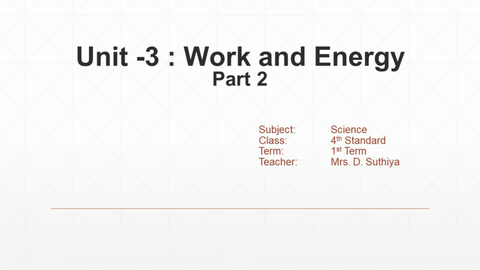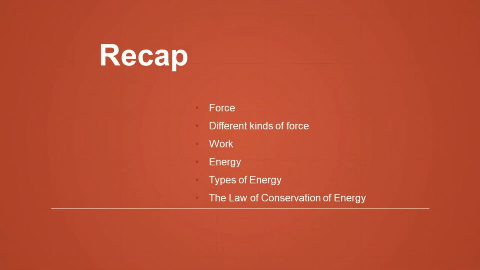Today, we are going to learn Lesson 3, Part 2. In the previous class, we learned about force, different kinds of force, work, energy, types of energy, that is thermal energy, mechanical energy, chemical energy, electrical energy, renewable energy and non-renewable energy. Today in this class we are going to learn about simple machines.